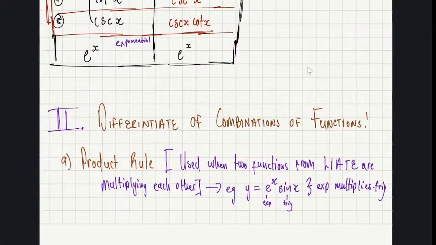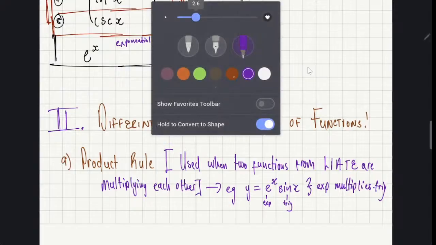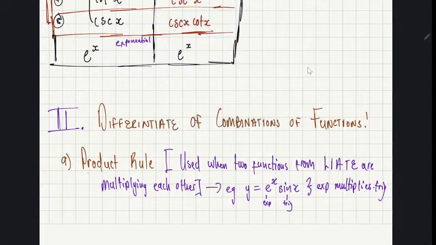Master the rule, because when you're doing this situation, you have to use it. You can't do your own thing. You get a big, fat 0 because you are not using rules.